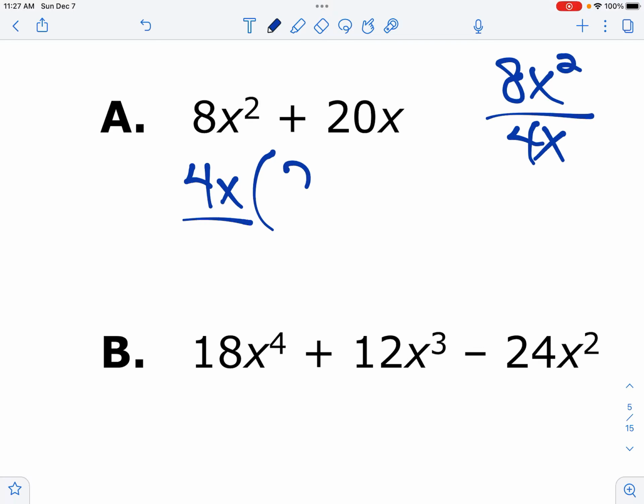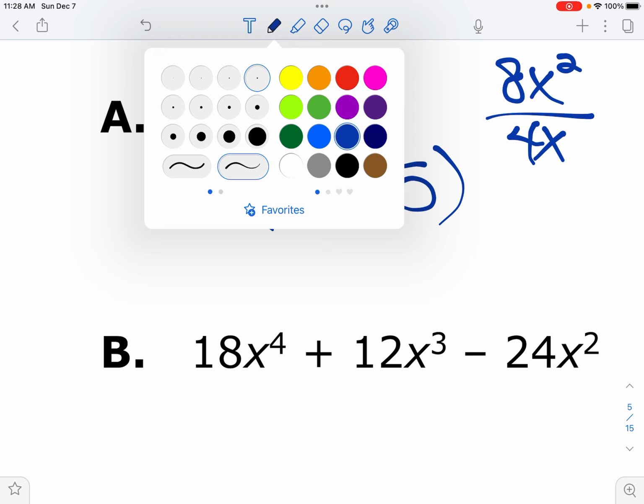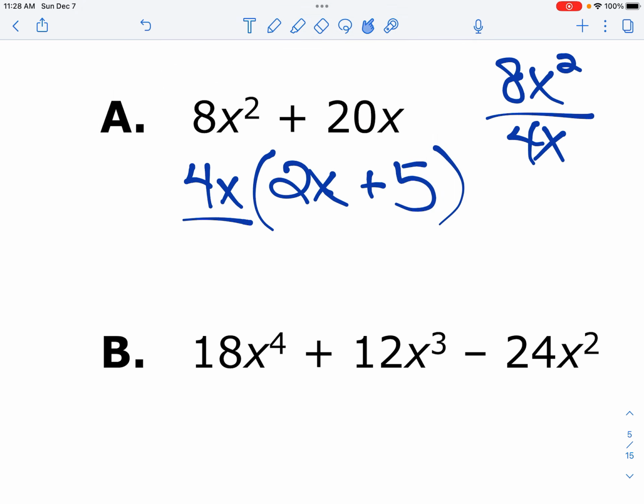That's 2x. And then 4x times what gives you positive 20x? That would be 5. So my answer then is 4x times the quantity 2x plus 5. And that is it. That's all there is to it.